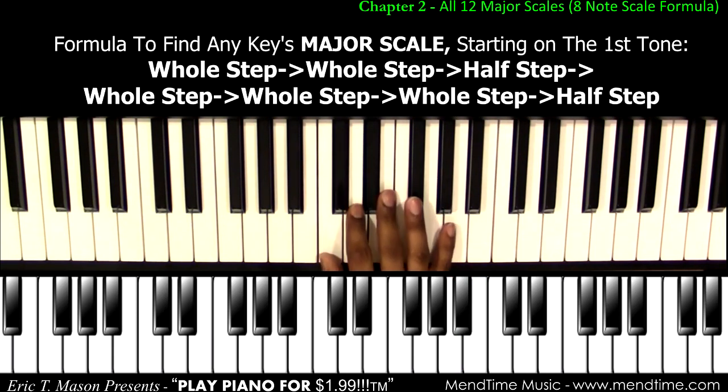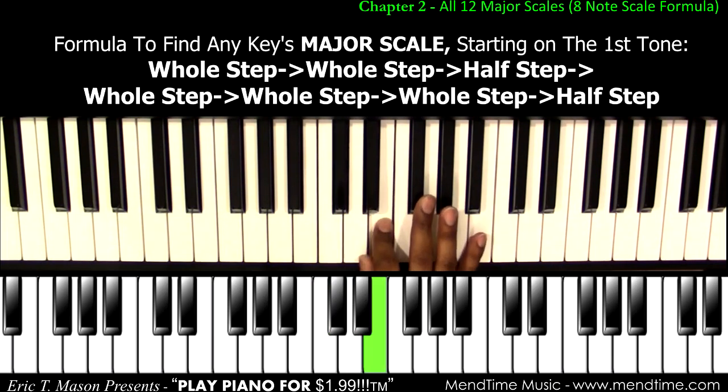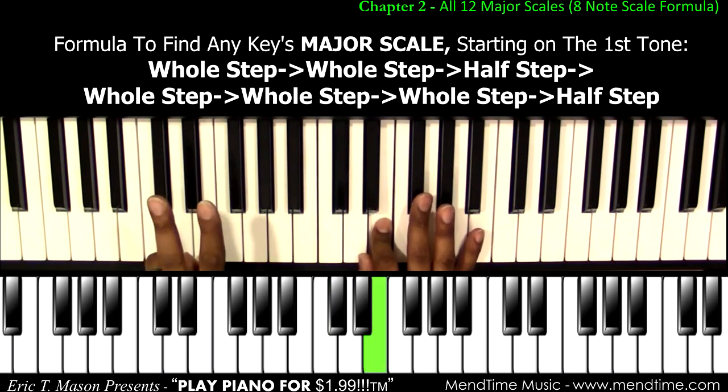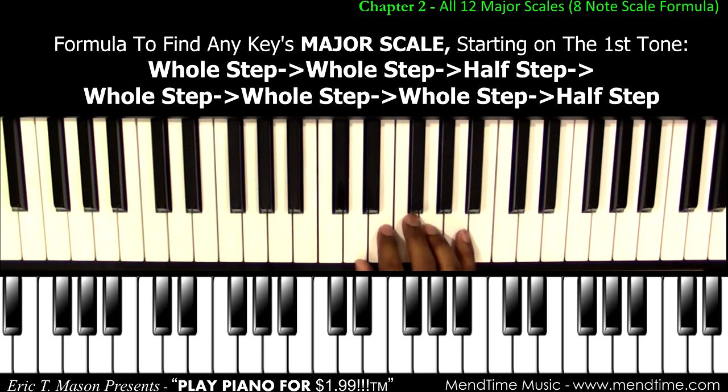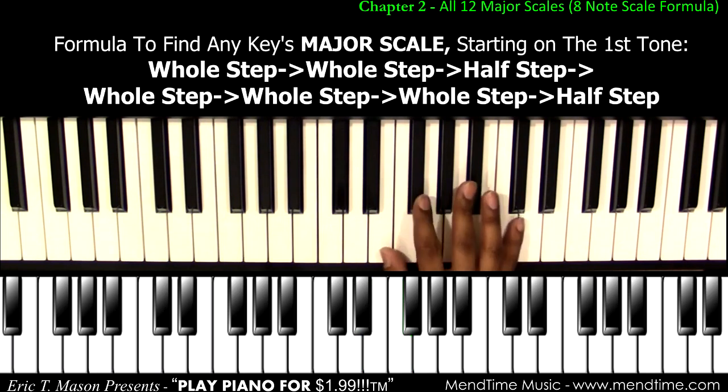Let's do it again. From C to D is a whole step. From D to E is another whole step. So that's 2 whole steps. And then we have 1 half step. From F to G is a whole step.